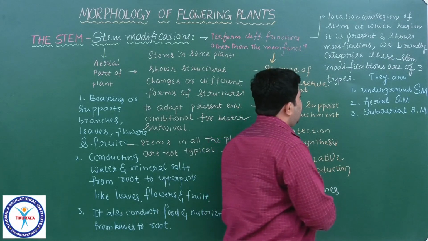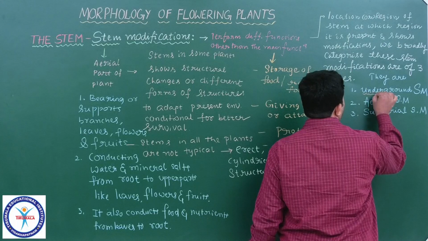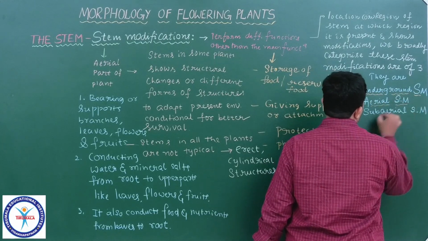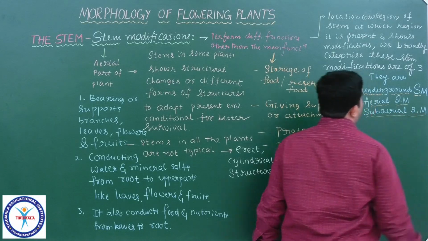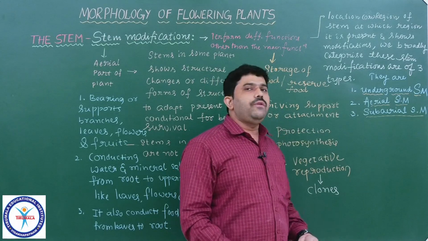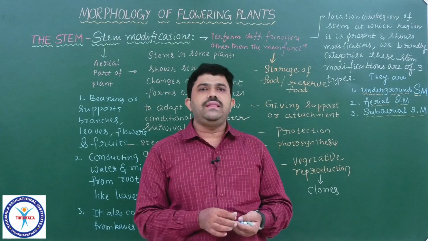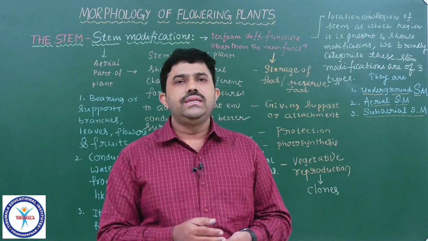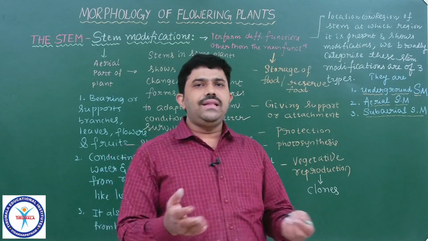What are they, students? The first one is underground stem modifications. The second one, aerial stem modifications. The third one is subaerial stem modifications. Of course, in the underground stem modifications, so many modifications are there in nature, in all the plants in the environment.